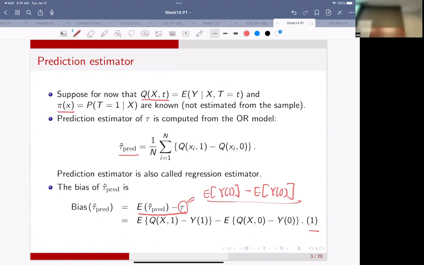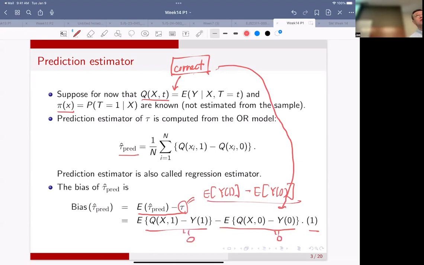Of course, if this is correct, if this is really correct, then this will be 0 and this will be 0. So this is 0 when the Q function is correct. If not, there's no guarantee that this bias is 0.